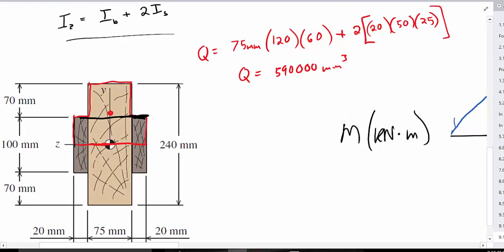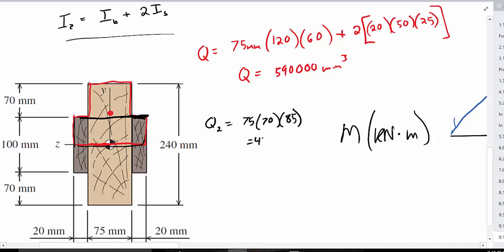So now we need the area of this, a new Q. We'll call this Q sub 2, the new one, and it's going to be 75 multiplied by 70 multiplied by 85.